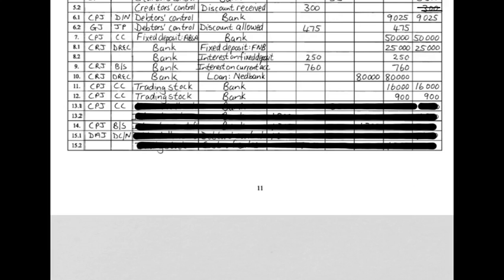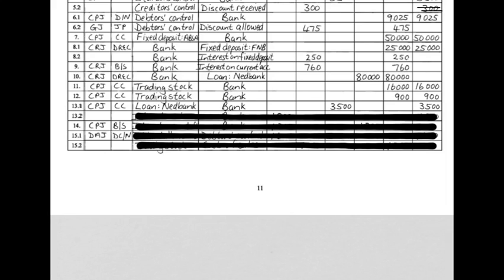So when we go to the transaction, it's recorded separately. So my bank is decreasing with the amount of 3,500, and then my loan account is also decreasing with 3,500. So in other words, my liability is debiting with 3,500.